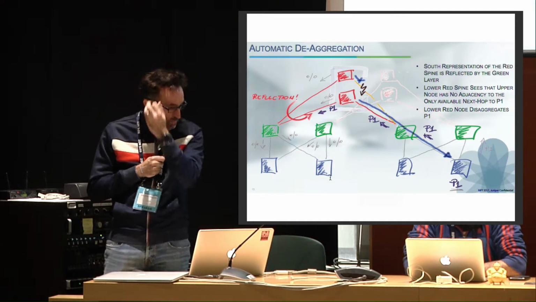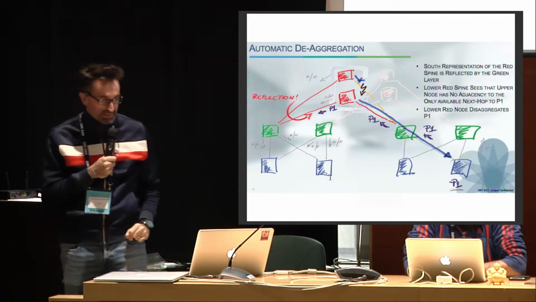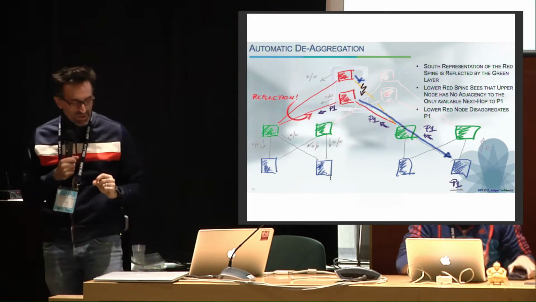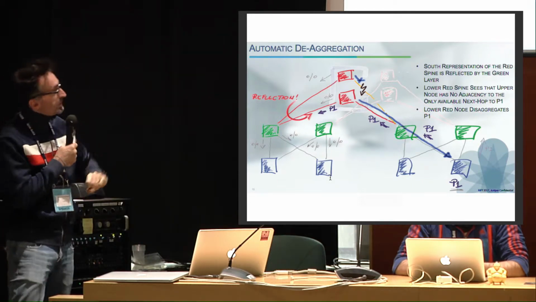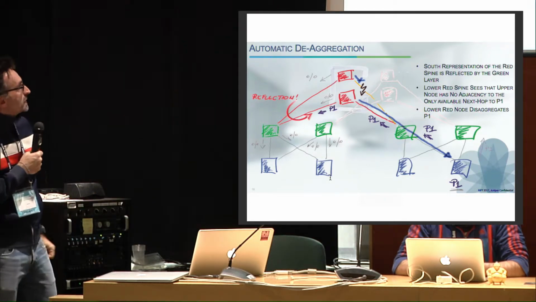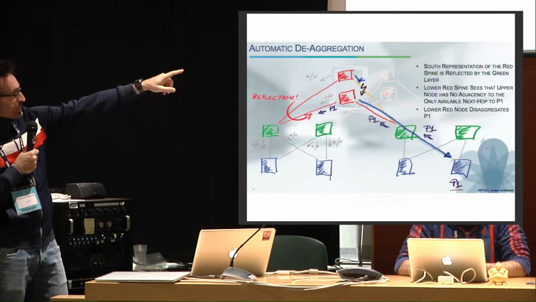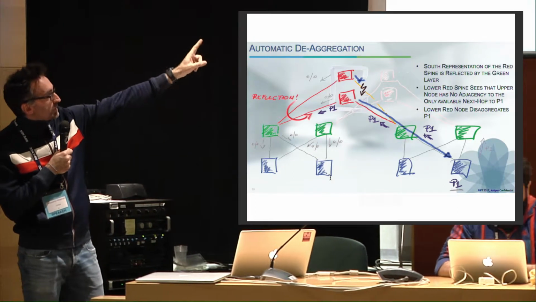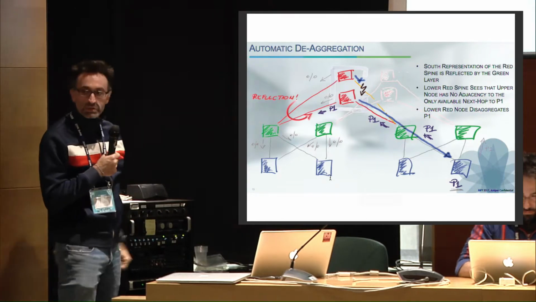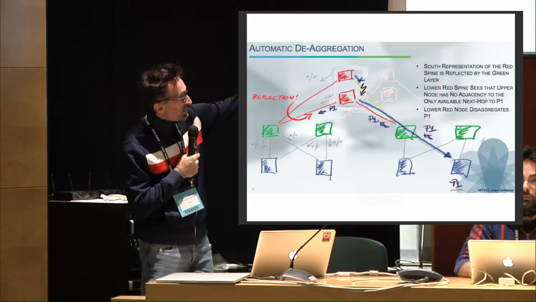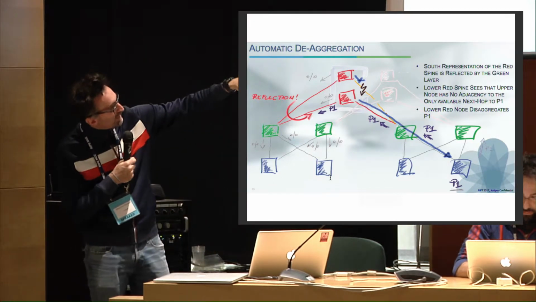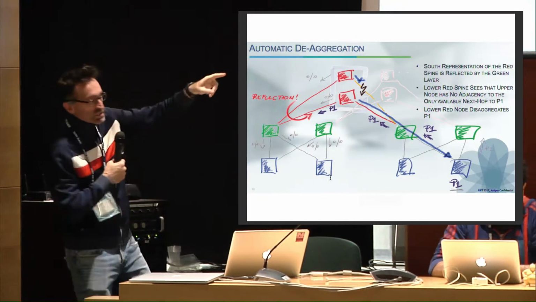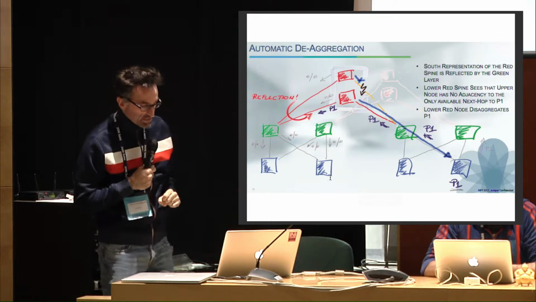But basically, what this picture depicts is exactly one of the most important characteristics of RIFT. If we take a look at this topology, we have a prefix P1, which is advertised by the blue box, right at the bottom, by the rightmost leaf device.